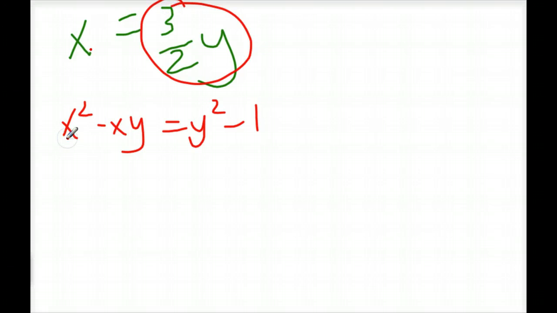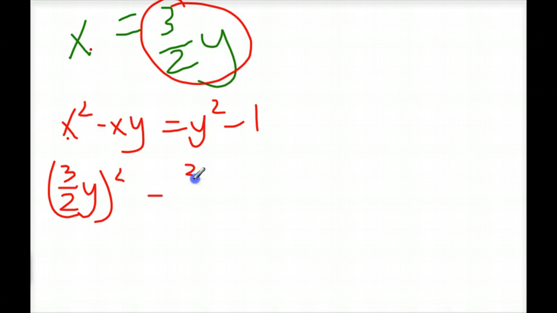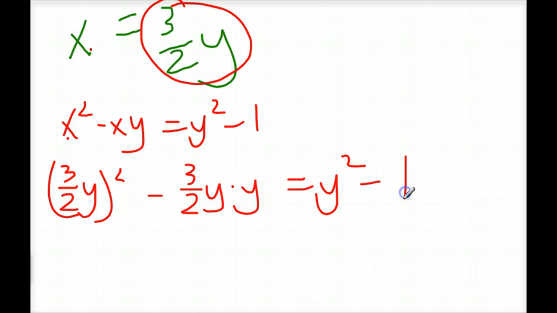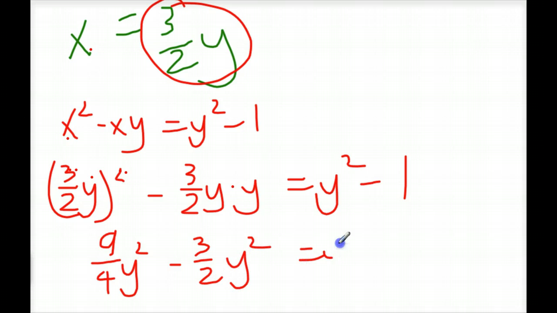So there's an x here, so I get (3 over 2y) squared minus 3 over 2y times y equals y squared minus 1. If we do our math, I square the 3/2 and I square the y, which gives me 9 over 4y squared minus 3 over 2y squared equals y squared minus 1.